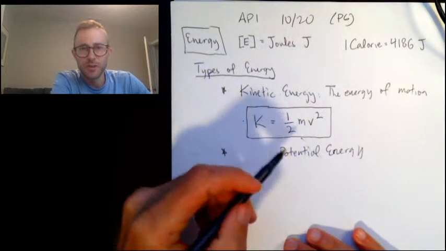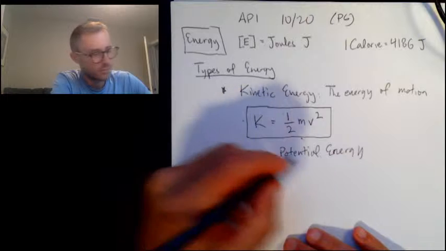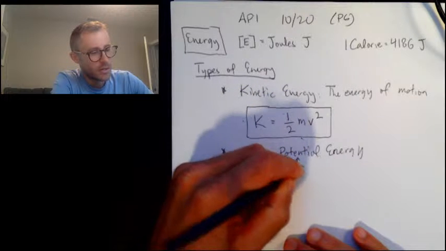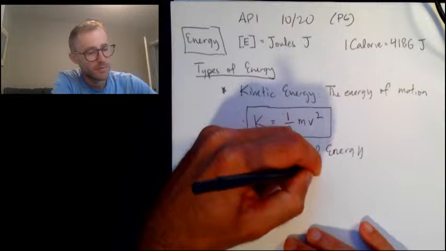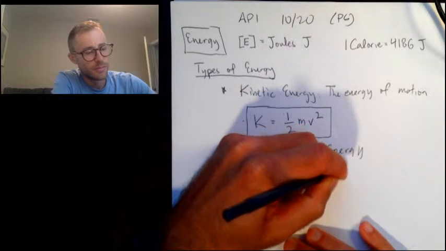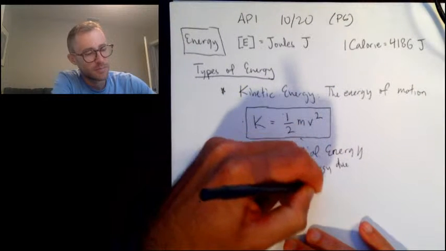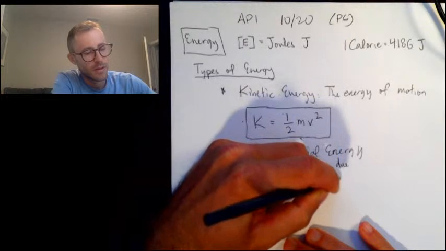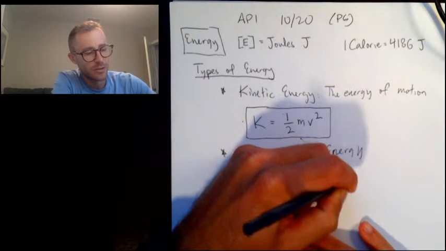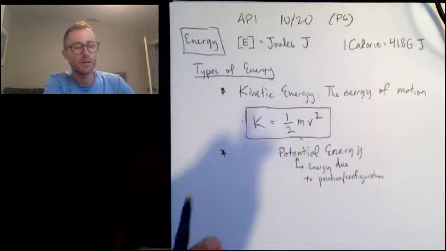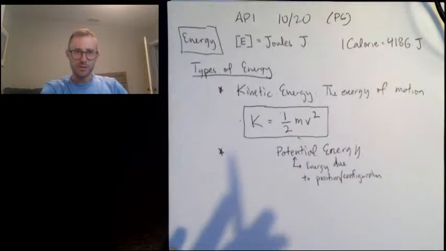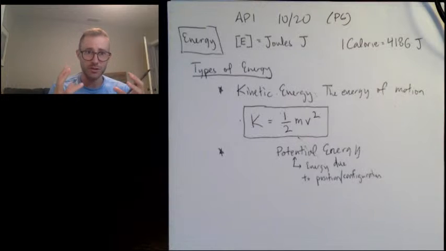And anytime you see this term, potential means energy due to position or due to configuration. Okay? That's what a potential energy is. It's an energy due to the configuration of something. And there's lots of different types of potential energy.